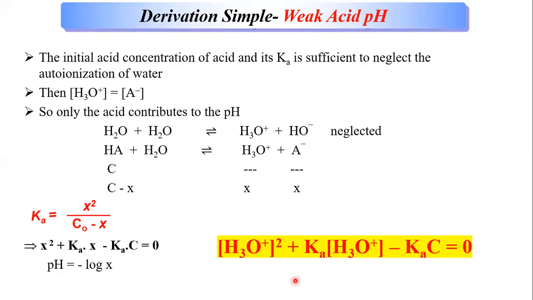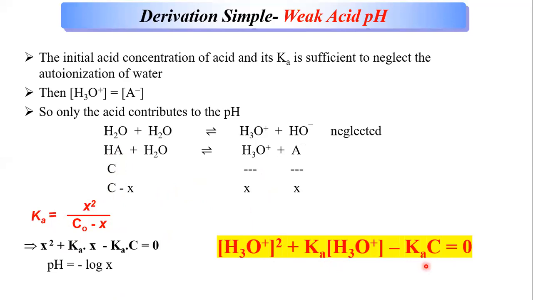You could do the same for a base, and voila. Of course, we already know that this can be done in a much easier way. If the concentration is C, then minus X on both sides, and use the X. Instead of X, put H3O plus, and you get this quadratic equation.